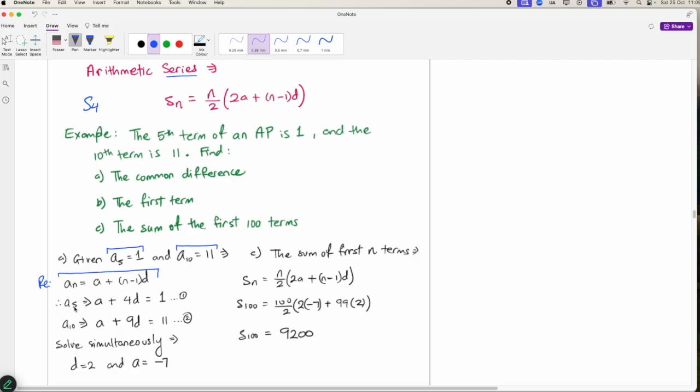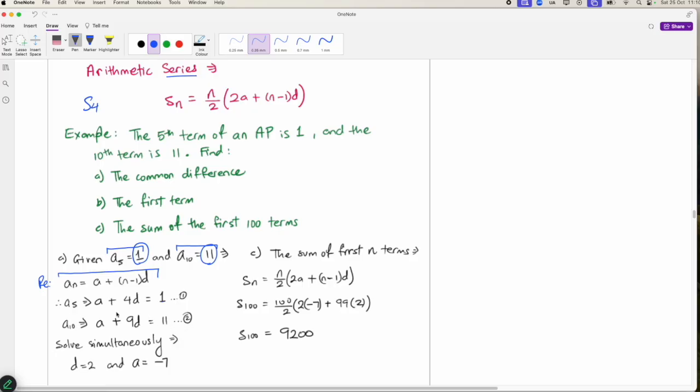So the 5th term is when n is 5, so 5 minus 1 is 4, so the 5th term is a plus 4d, and we know the 5th term is 1, so a plus 4d is equal to 1. And for the 10th term, it'll be a plus 9d, which is equal to 11, because the 10th term is 11. We have 2 simultaneous equations to solve.